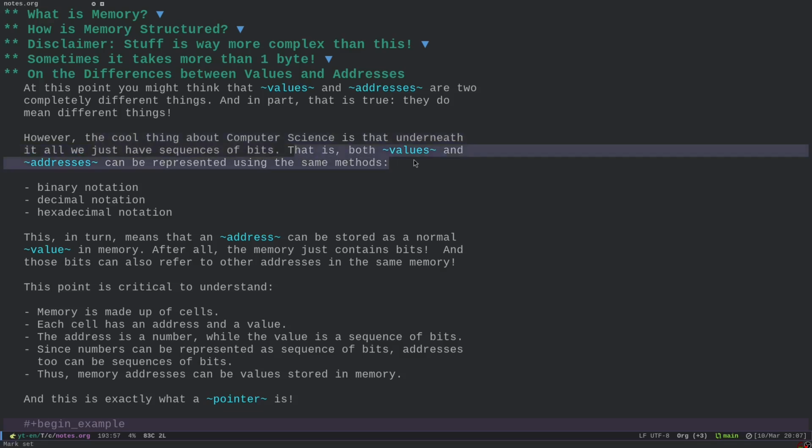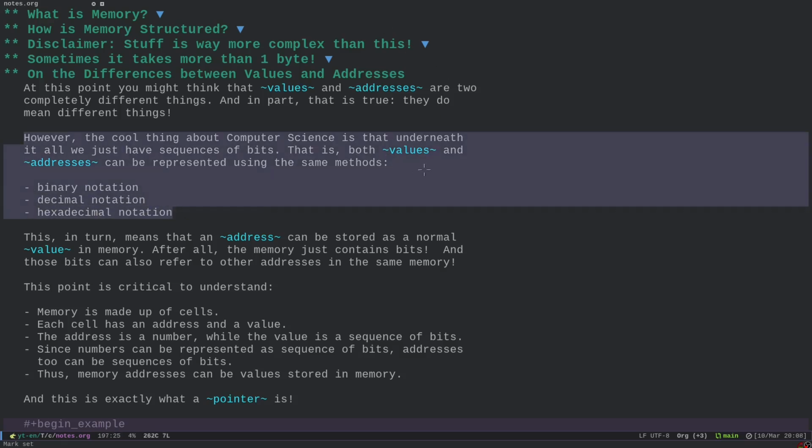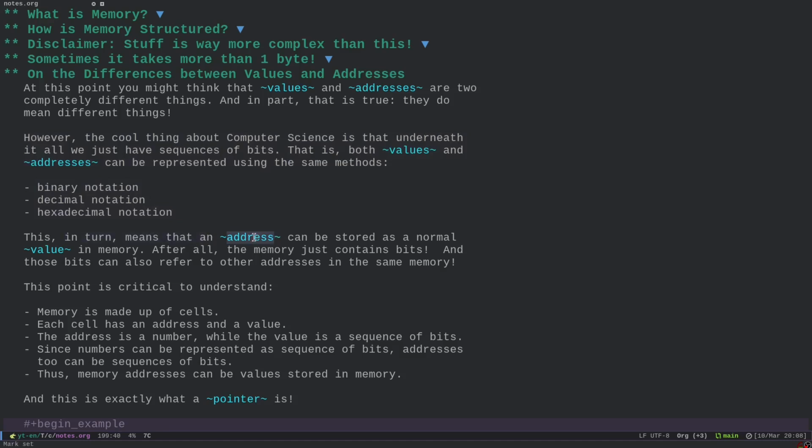That is, both values and addresses can be represented using the same methods. We have a bunch of bits, so we can use binary notation, we can use decimal notation, we can use hexadecimal notation. To be honest, underneath it all, we just have physical phenomena like transistors turning on and off. So basically, we can represent these things with typical notation. This means that an address is just a sequence of bits. A sequence of bits is just a number.